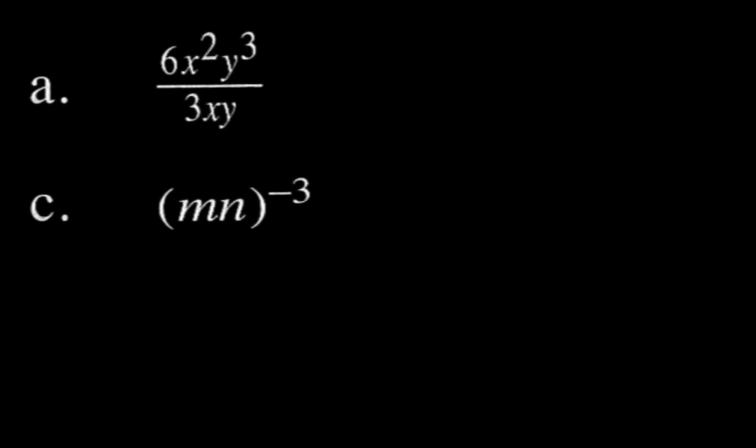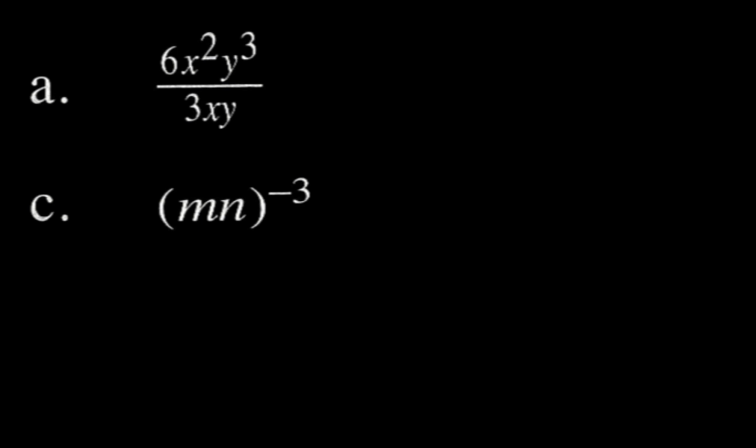So just thinking of the fundamentals here, right? In A, I've got the number 6 in the numerator, and 6 itself is comprised of two factors, 2 and 3. Why that's nice to notice is because the denominator does have a factor of 3. The numerator also has two factors of x and three factors of y.